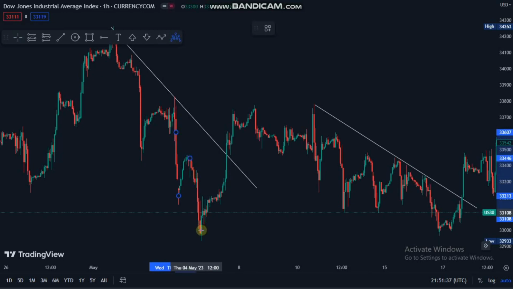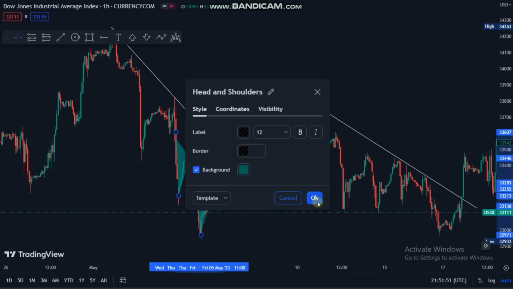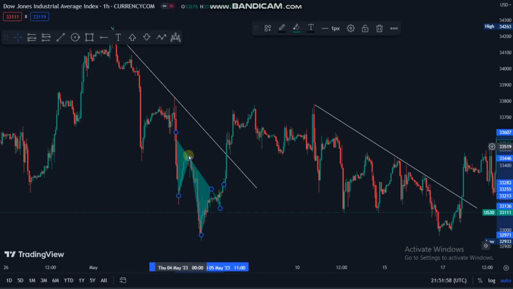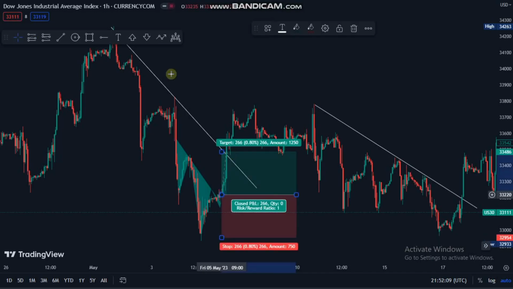So this is our left shoulder, and this is our head, and this is our right shoulder, right? So this is actually called an inverse head and shoulder, right? So once we have this, we place our entries right here, right?